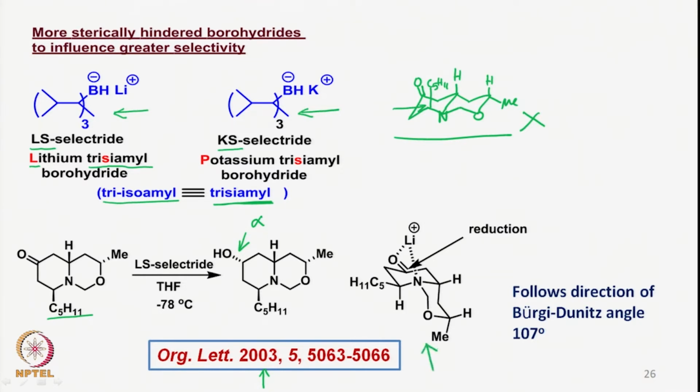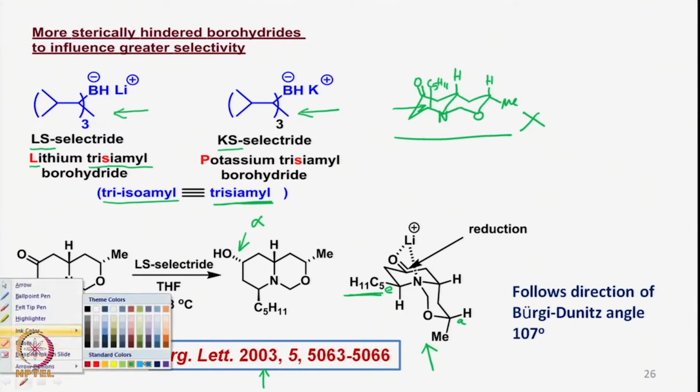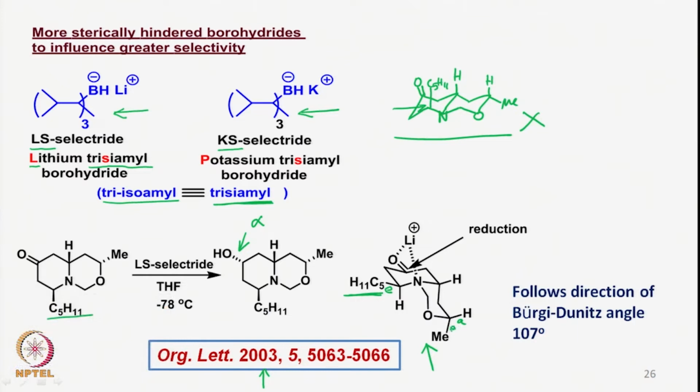As you can see, the C5H11 now is in equatorial orientation, and the methyl here, this is axial hydrogen, this is methyl, this is also equatorial, this is equatorial hydrogen, and we can remove this part here and look at the methyl being equatorial. So both the groups are equatorial, and now in this case this particular CH2 group is axial.